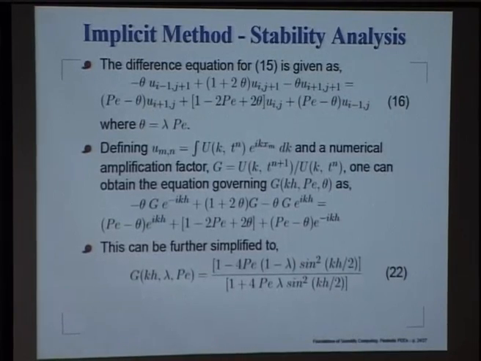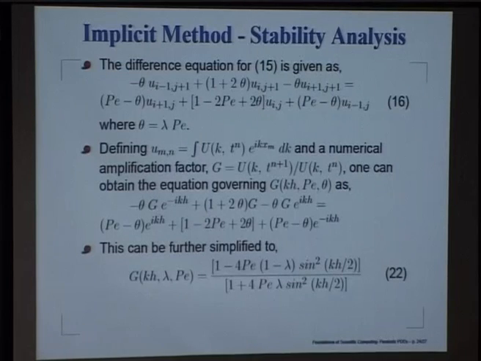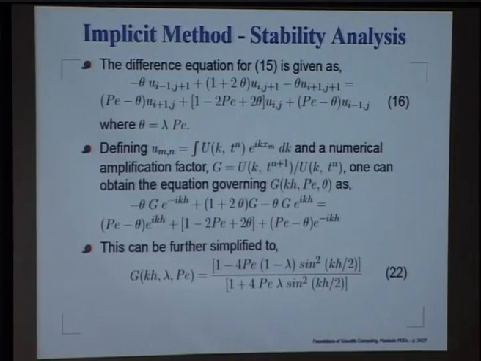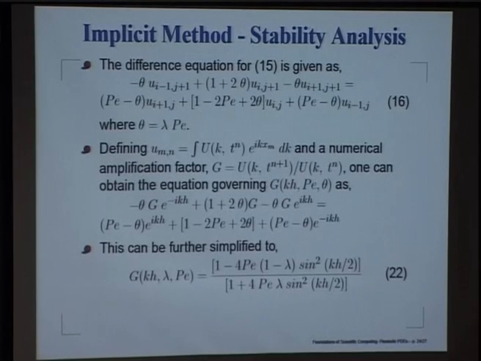For example, in your assignment you must have seen that if you take a lesser number of points, it just blows up. That is a defining sign of numerical instability. So, here also we do the same thing.